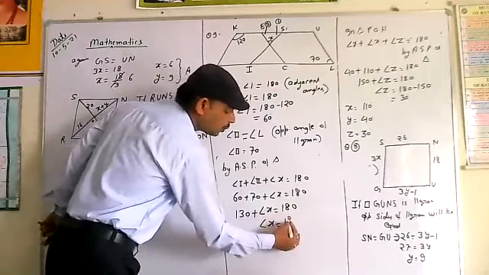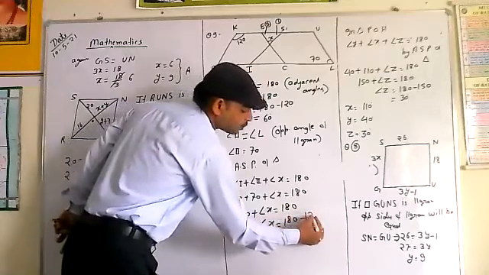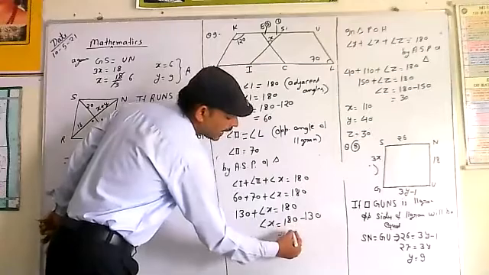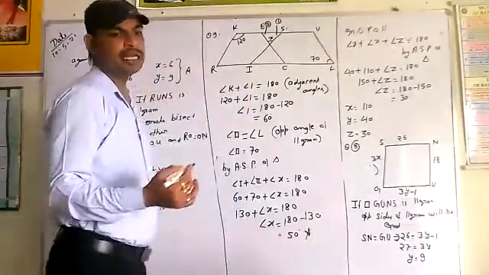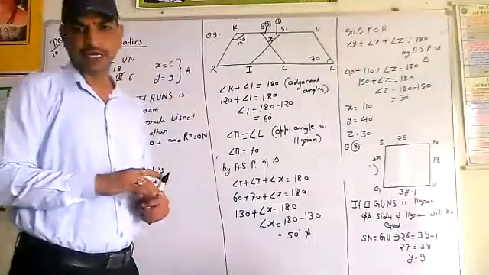Angle x equal to 180 minus 130, and this is 50 degrees. 50 degrees is your required answer.